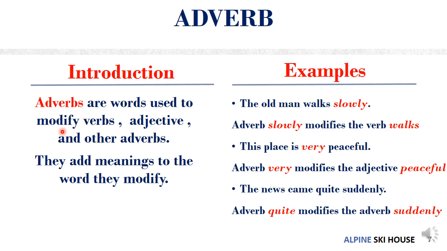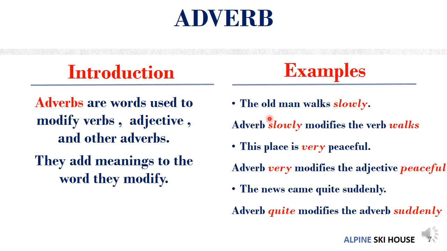In the same way, an adverb modifies 3 things: a verb, an adjective, and another adverb. They add meaning to the word they modify. Now you know the introduction and how they modify. If you look into these examples, you will clearly understand.